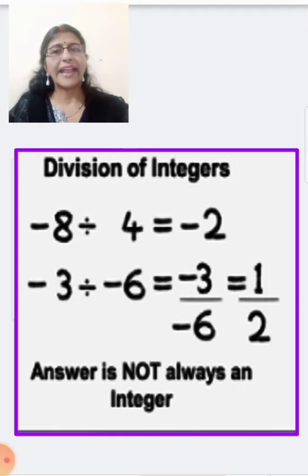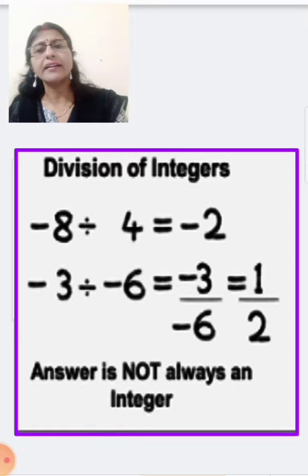No. Fraction is not an integer. 1/2 is not an integer. But if it were written as 2/1, then you can say it is an integer. Here we have got the answer 1/2, so the answer is not always an integer. This tells that when we take some integers and divide them, we don't always get an integer. So integers are not always closed under division.